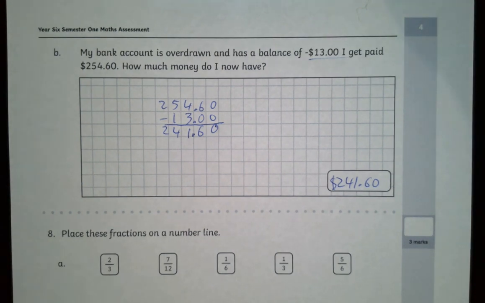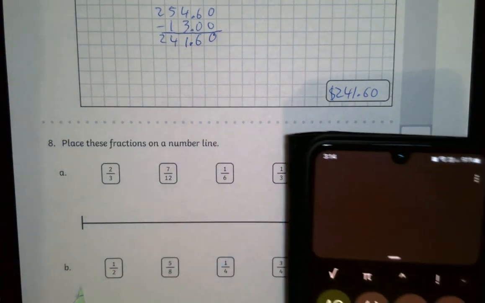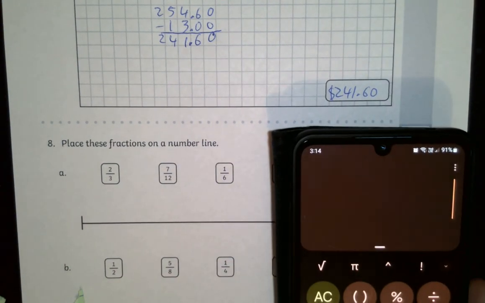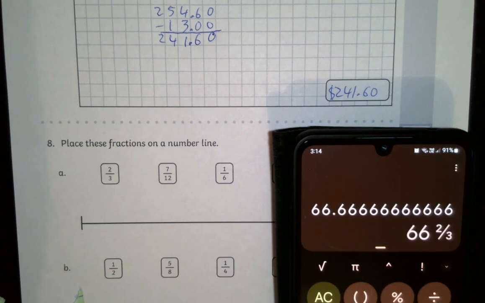All right, the next one's maybe a little bit trickier. I guess it just depends on what you're allowed to use. So, if you were allowed to use a calculator, a very easy thing that you're able to do, as I just get my calculator ready, will be to just simply divide the fractions, numerator divided by denominator, and then that gets you a number. 2 divided by 3, and then you can multiply by 100 to get you a percentage, if that is a little bit unclear to read.